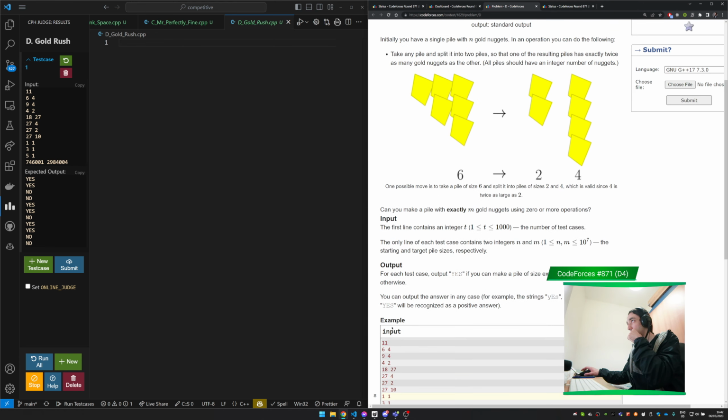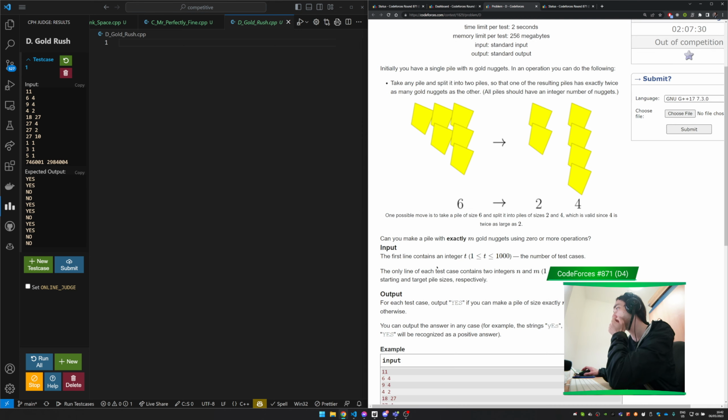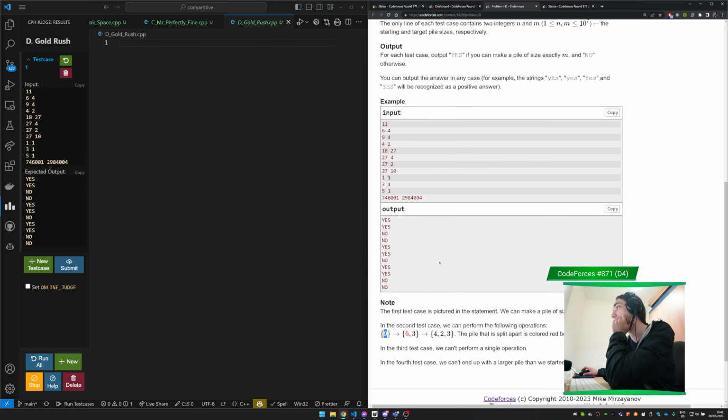So this is, what if it's not divisible? Okay, if it's an integer, if it's this, it's fine. If it's not divisible, but if it's like a prime.